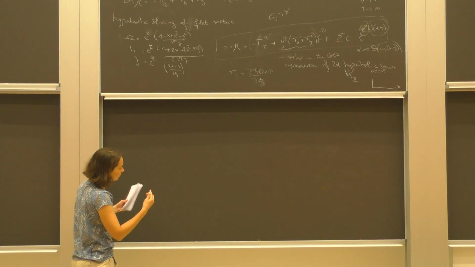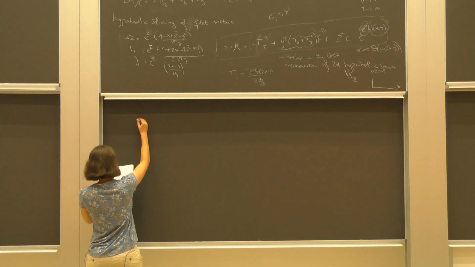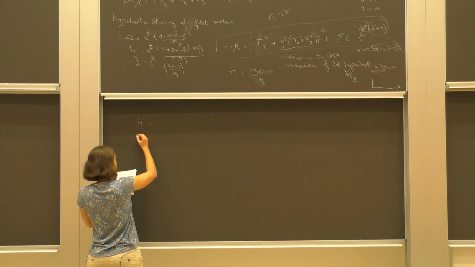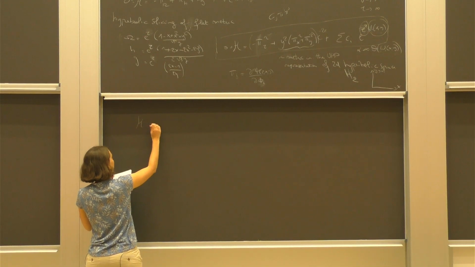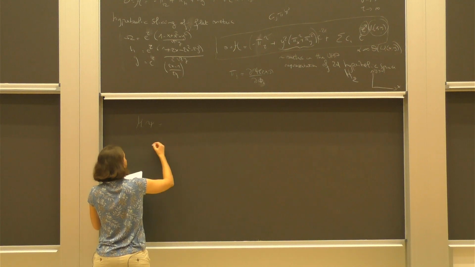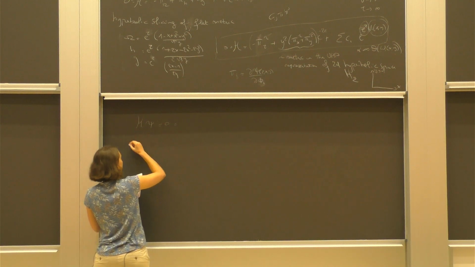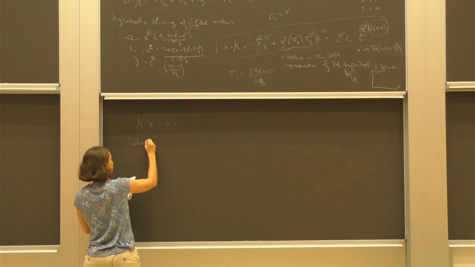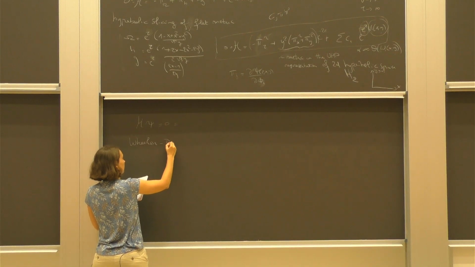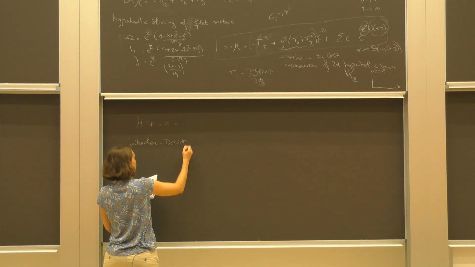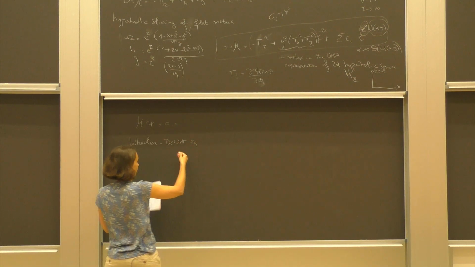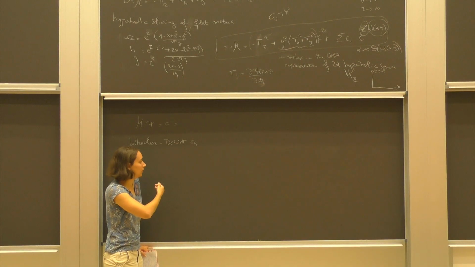And okay, what you end up with is, I'll just write down the name for those who don't know. So it's basically the Schrödinger equation for gravity.